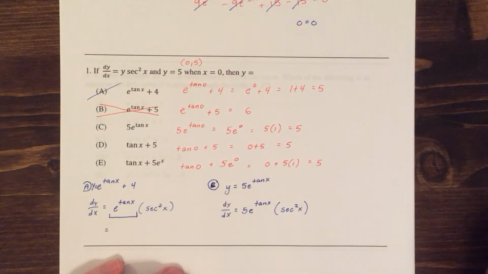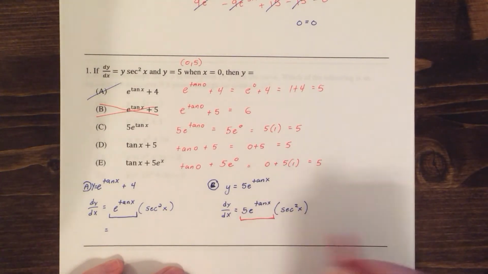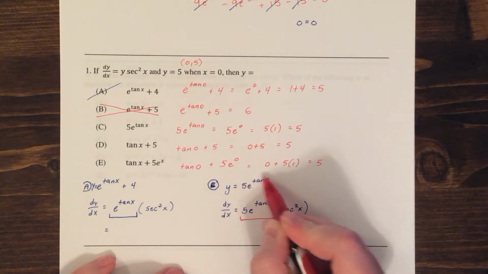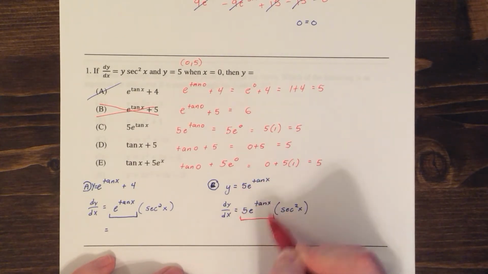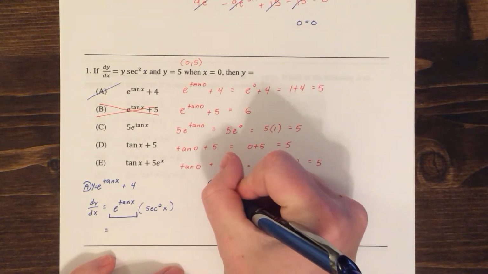And what we're looking for is the other pieces that aren't secant squared x. We want those to be our original y. And so when we look at this, it matches up with this piece here. So C is going to end up being our answer.